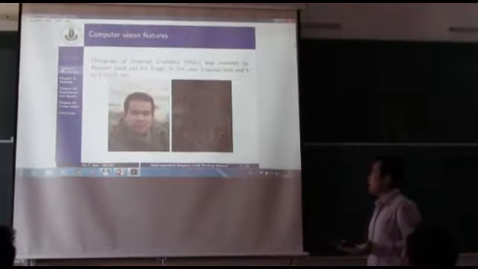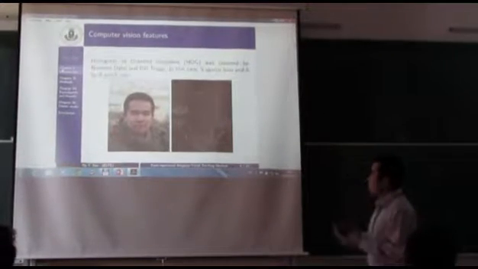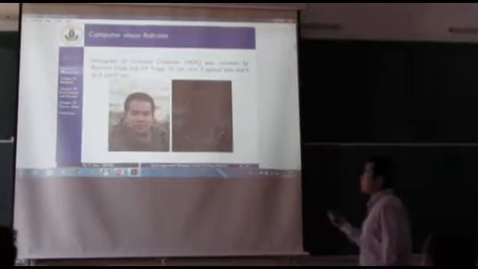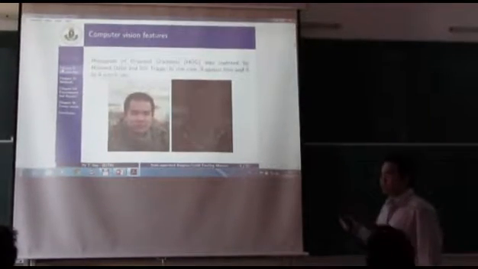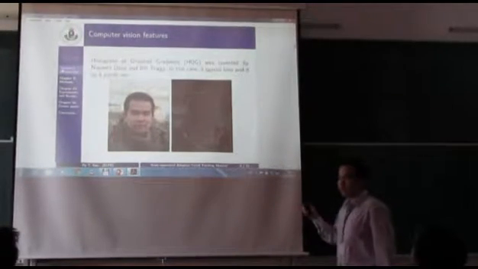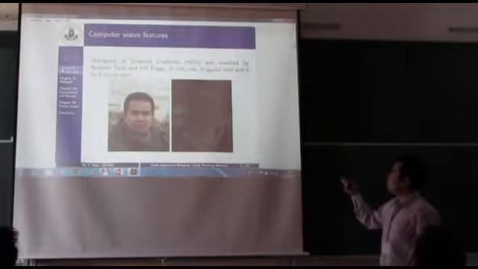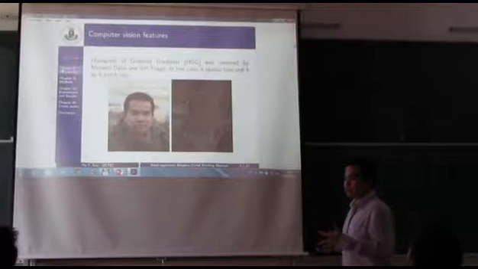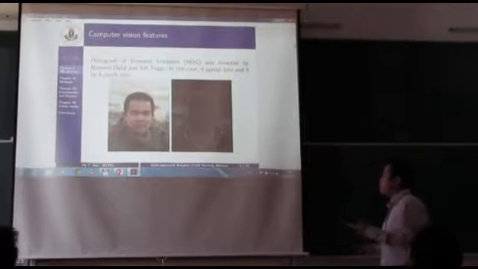Computer is not human, so computer needs an algorithm to extract features. In the field of computer vision, histogram of oriented gradients is very widely used. It was invented by Dalal and Triggs from Massachusetts Institute of Technology in the CVPR 2005 paper.